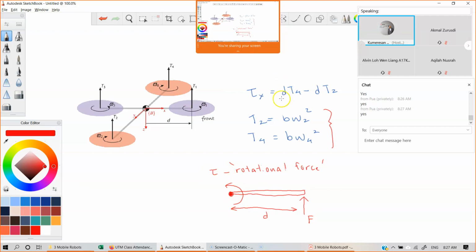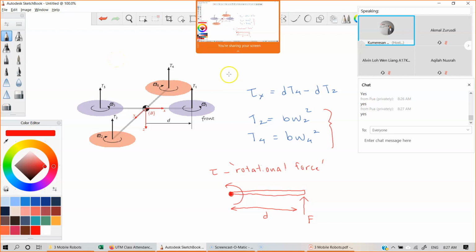So that is why we have d. So this is d, right? To the center of mass, dt4 minus dt2. So you might ask, why center of mass? Because by definition, center of mass is the point where, as if all the forces and torques act on. Okay, and there's a way to compute that.